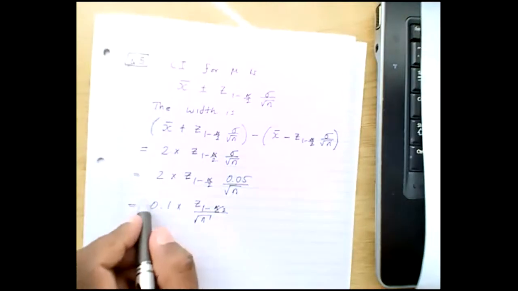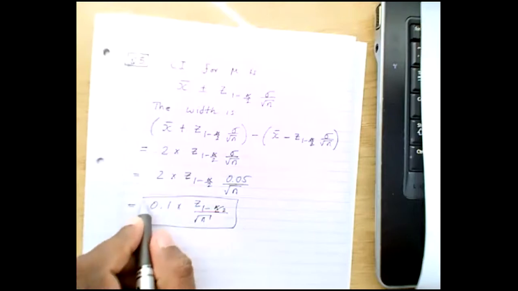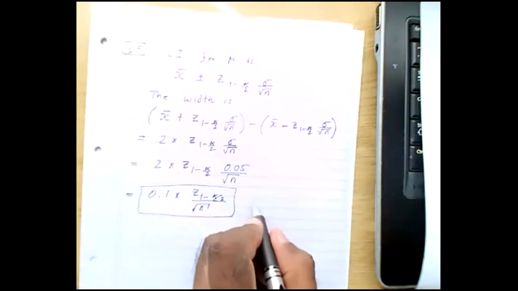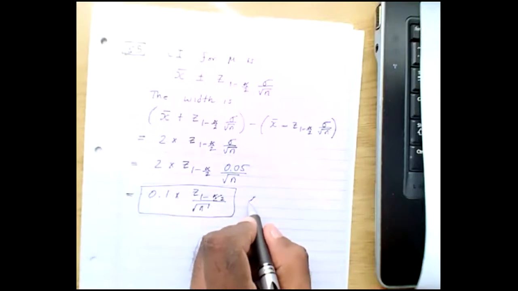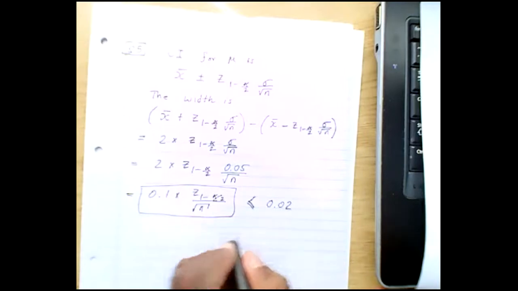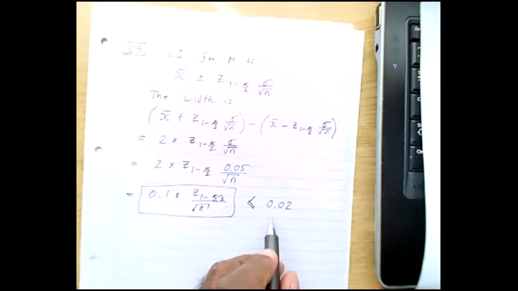This is our width, and we want the width not to exceed 0.02. In other words, it must be less than or equal to 0.02.